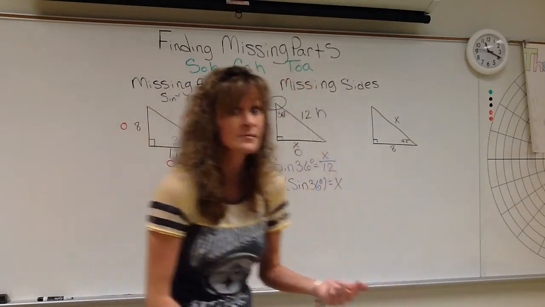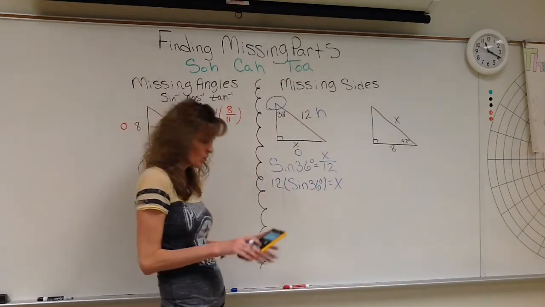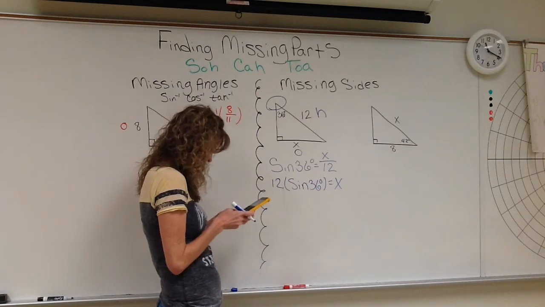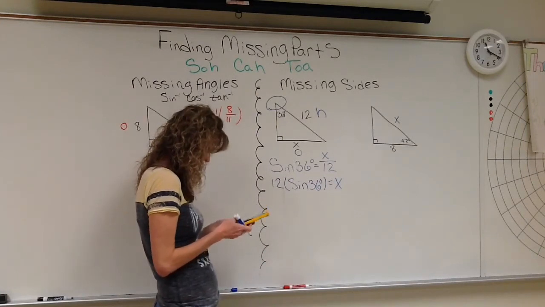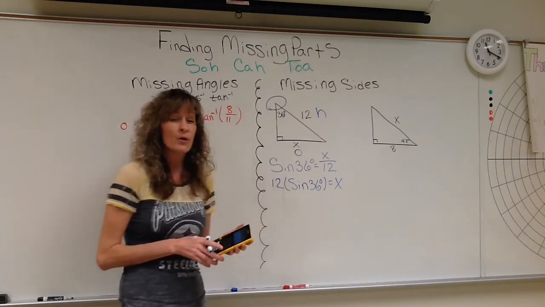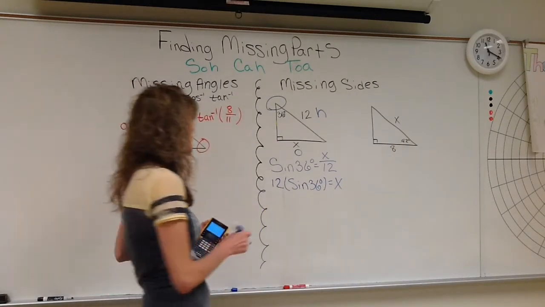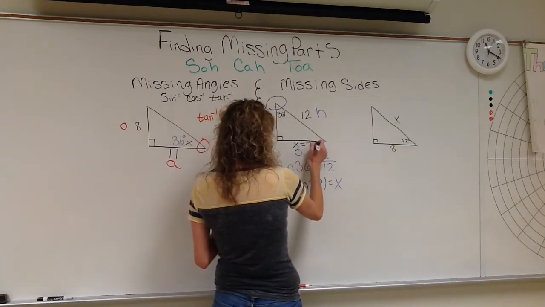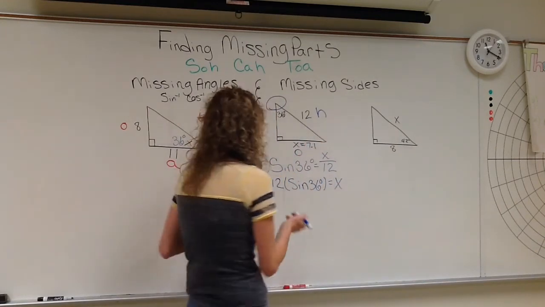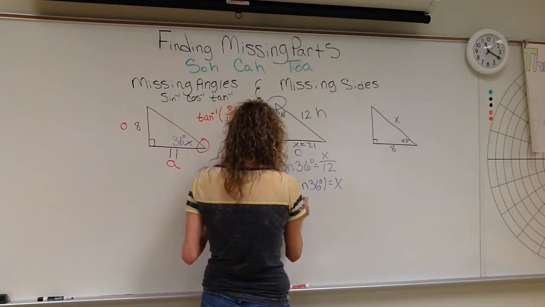I'm going to go to one decimal place because that's what I've been requiring you to do. 12 sine 36. 7.1 because it's 7.05. So that side length is 7.1, whatever units it is, centimeters, inches, whatever.